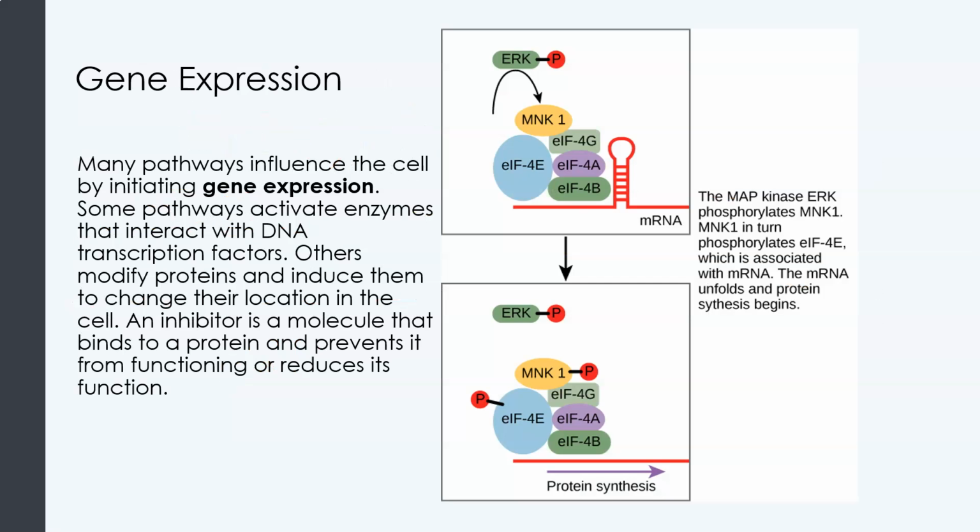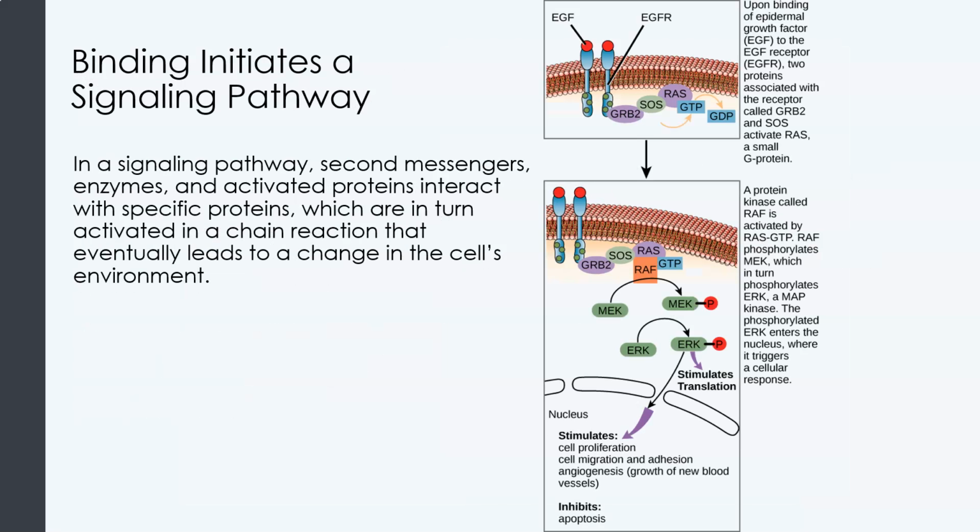So when we go back to these different signaling pathways, this one, for example, epidermal growth factor has to bind. Actually, two epidermal growth factor ligands have to bind to two epidermal growth factor receptors, here and here.